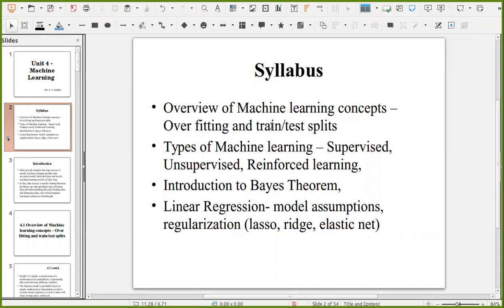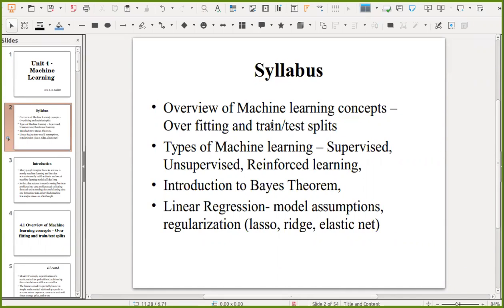And in reinforcement learning, we have trial and error methods, where we learn by trying multiple models to see whether this works or not. Each method of machine learning has its own advantages and disadvantages, so it depends on which application we want to use.